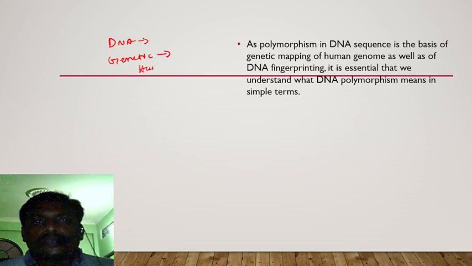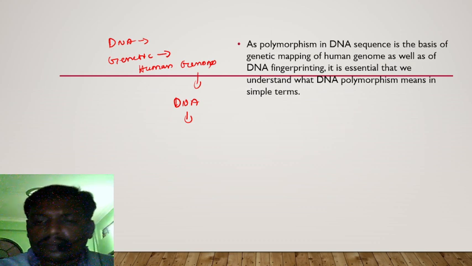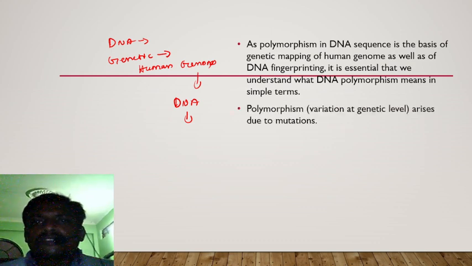If we take the human genome as well as DNA fingerprinting, it is essential that we understand DNA polymorphism. In simple terms, polymorphism, variation at the genetic level, arises due to mutations.